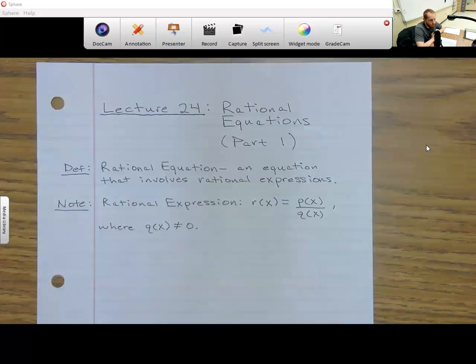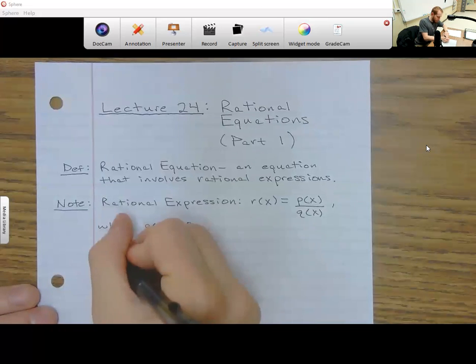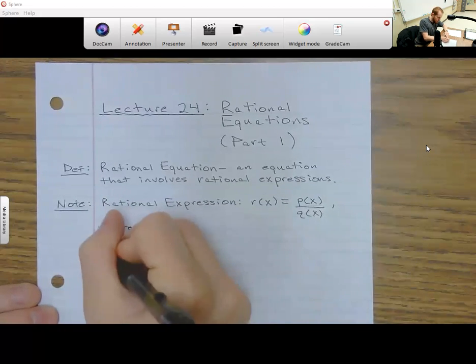So let's start off with the first type of rational equation, which is called cross multiplying.